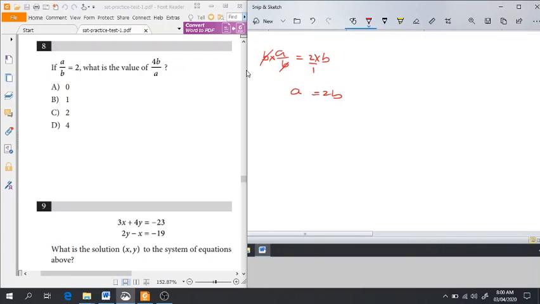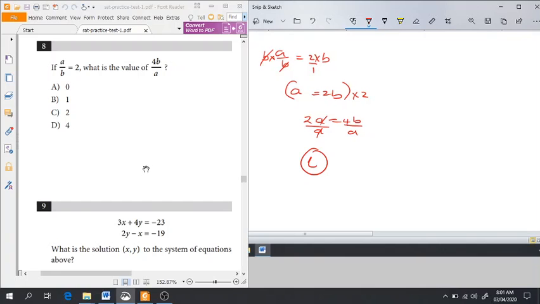But they are asking what is the value of 4B over A. So how do you make this 2B become 4B? You have to multiply that entire expression by 2. This is written as 2A is equal to 4B. Now divide by A here, then this is what we are getting. So 4B over A is 2. So the answer to this question is C. C is the right answer here.